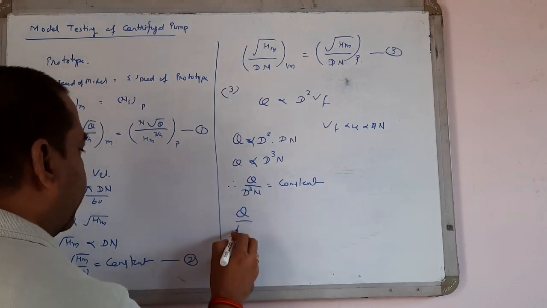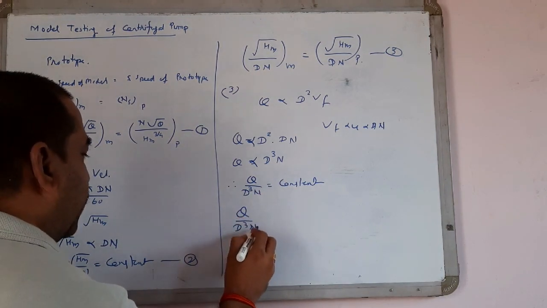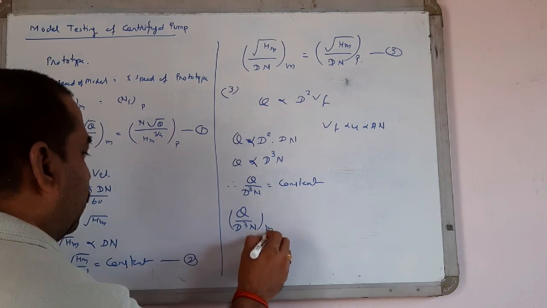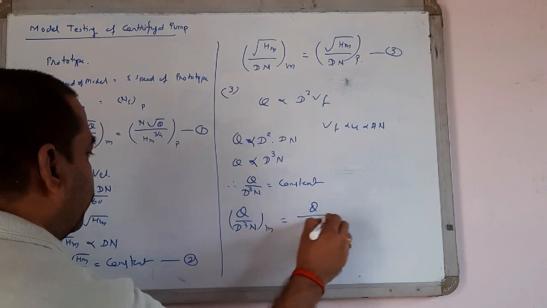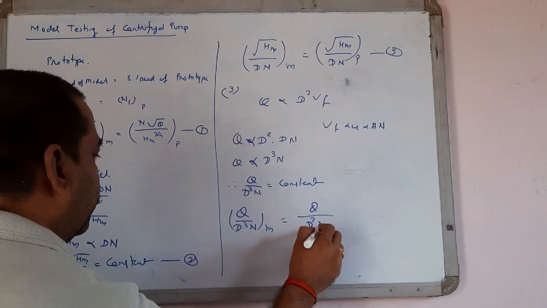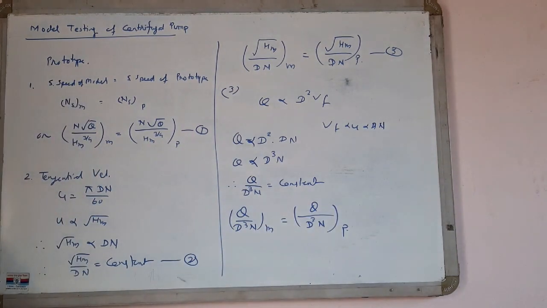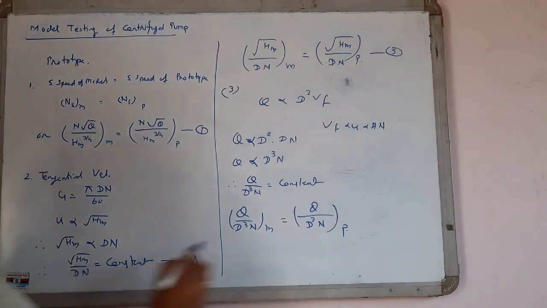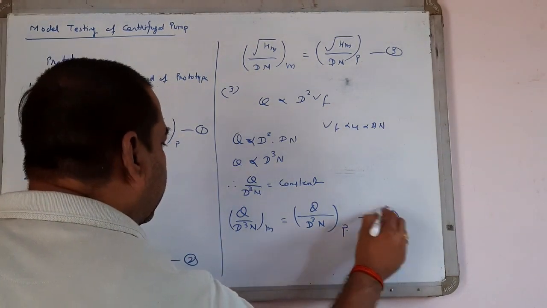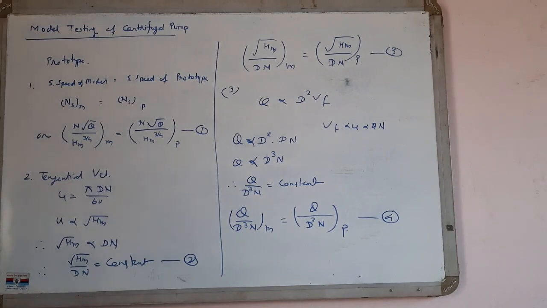So Q by D cube N of model equals Q by D cube N of prototype. This is equation 4.